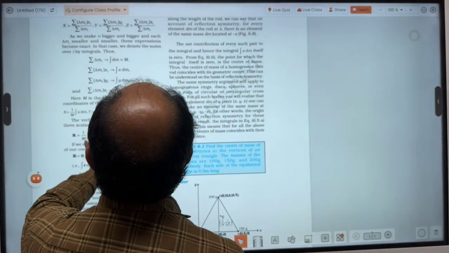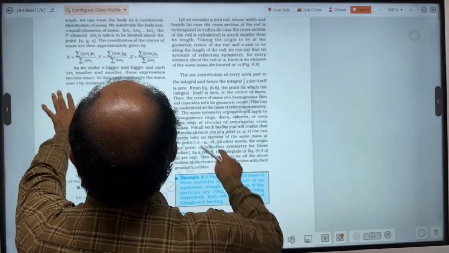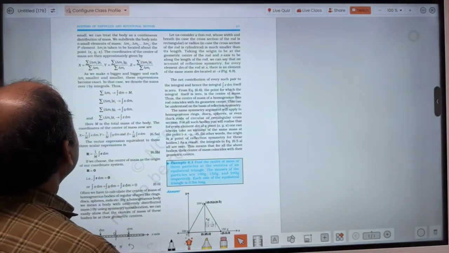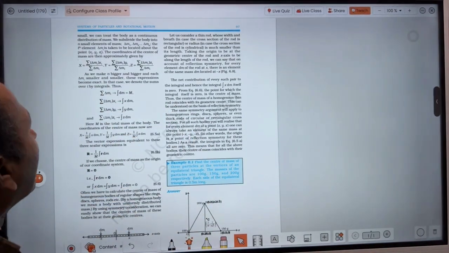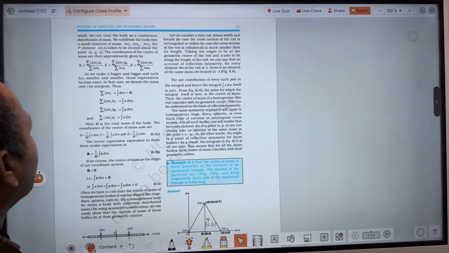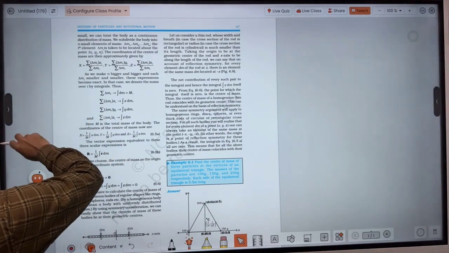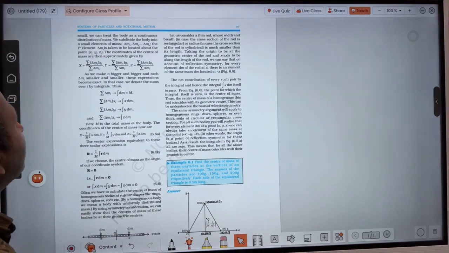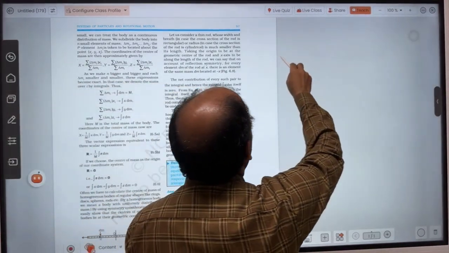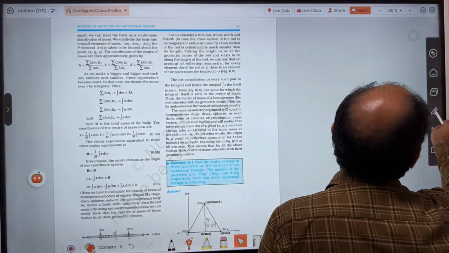Here the same thing, if there are a large number of particles, in that case sigma can be replaced by the integration symbol. So in that case we can evaluate it by using the integration symbol.